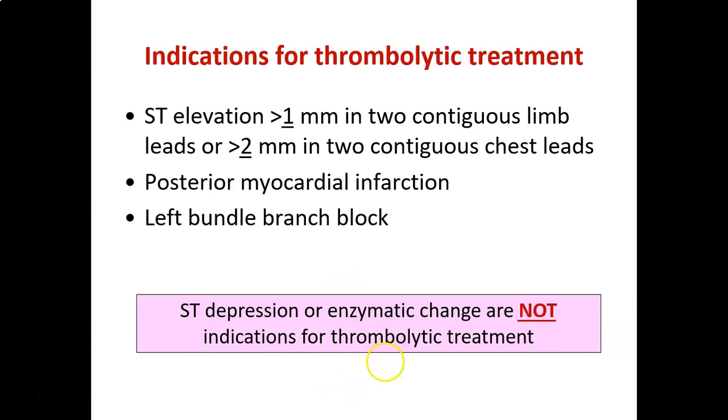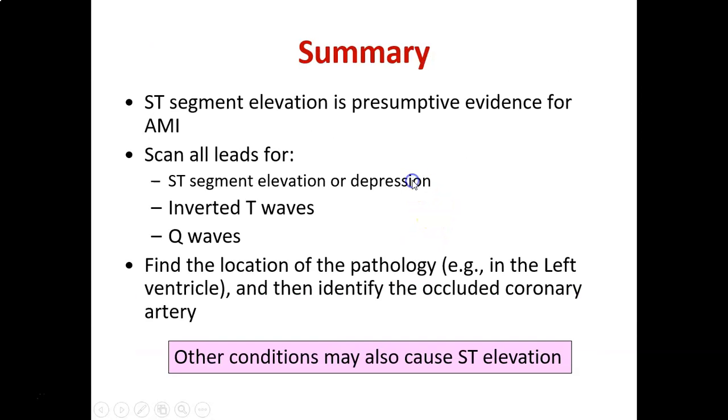All these are indications for thrombolytic therapy. On the other hand, if there is ST segment depression or raised cardiac markers, this is not the indication for thrombolytic therapy. So in summary, ST segment elevation is presumptive evidence of acute myocardial infarction.